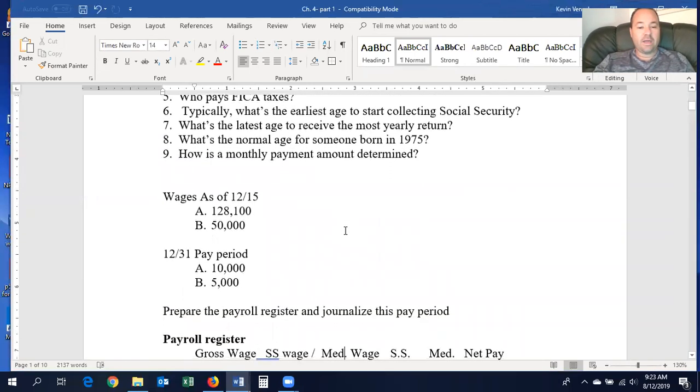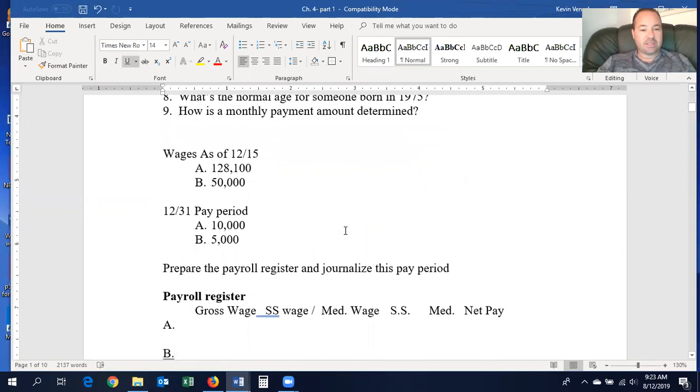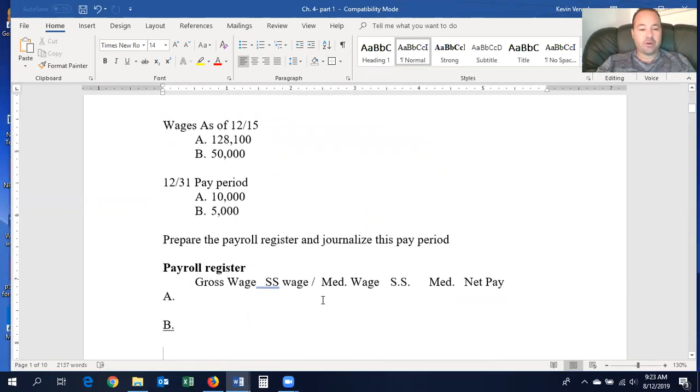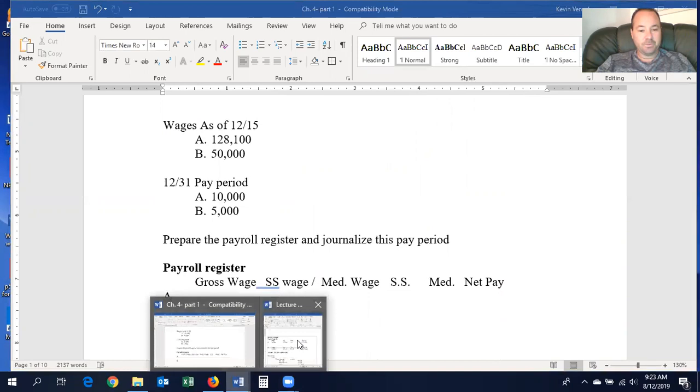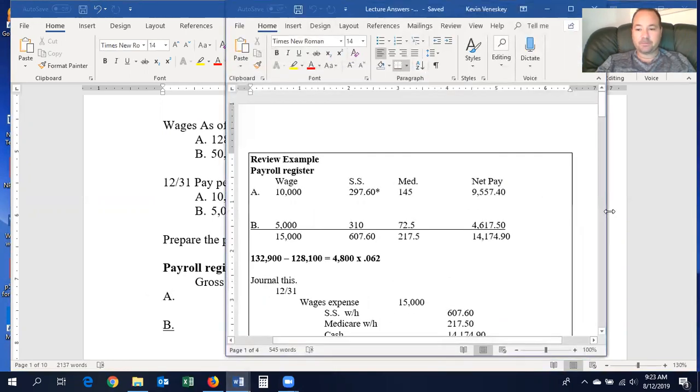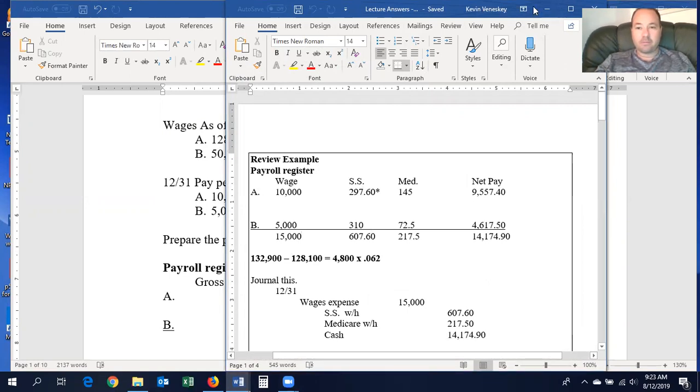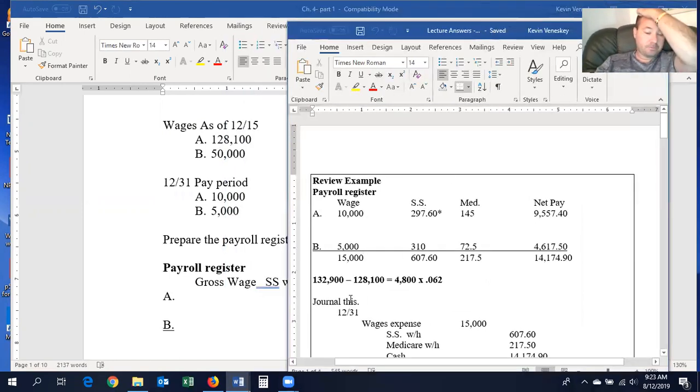All right, hopefully you took the suggestion and did this payroll register. I'm going to bring up the answers so you can see how you did. Person A is the one who's going to hit the Social Security limit. They previously had 128,100. If you add 10,000 to that, that would take them over the cap.